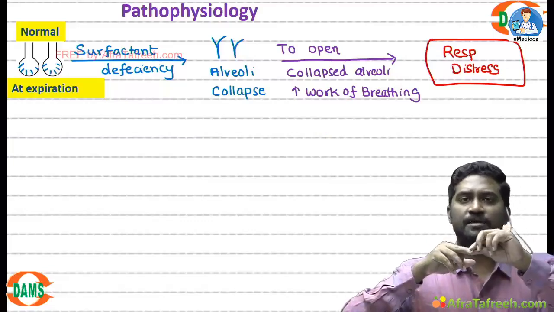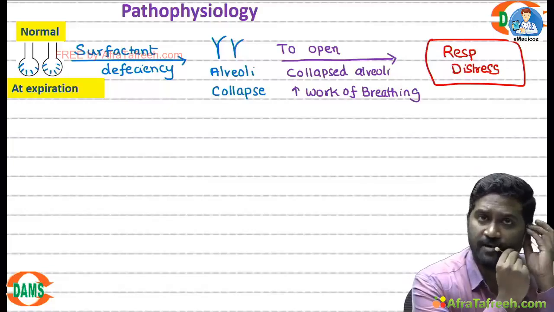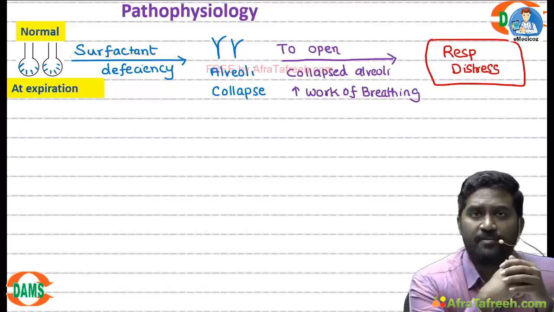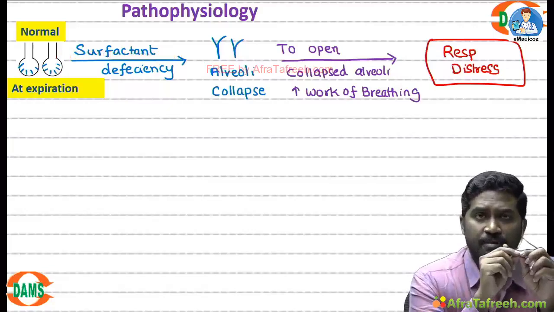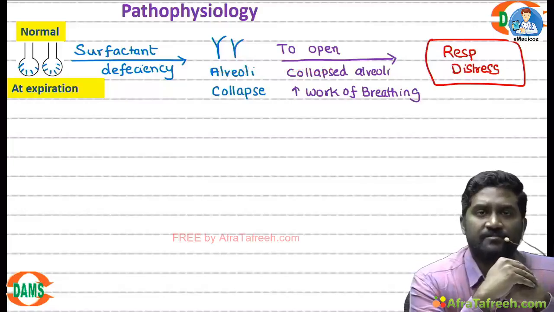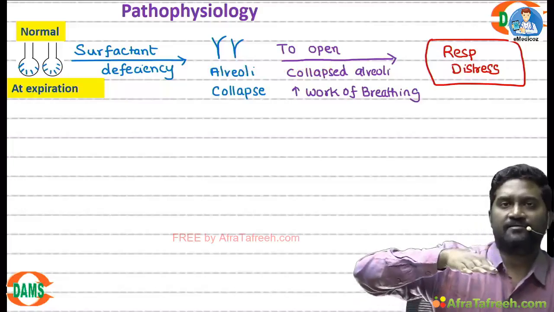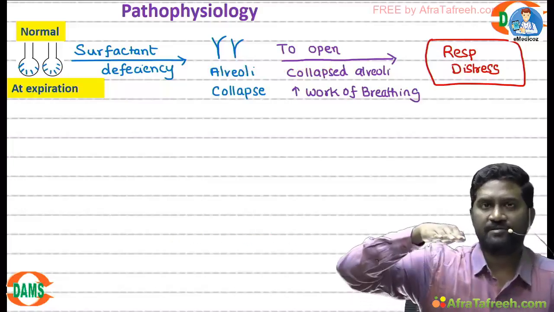Then what will be the pattern of abnormality, students? Initially all these tiny alveoli, whenever they close, you can see some bilateral whitish dots. This is called a granular pattern. As time progresses, this will become still more white.